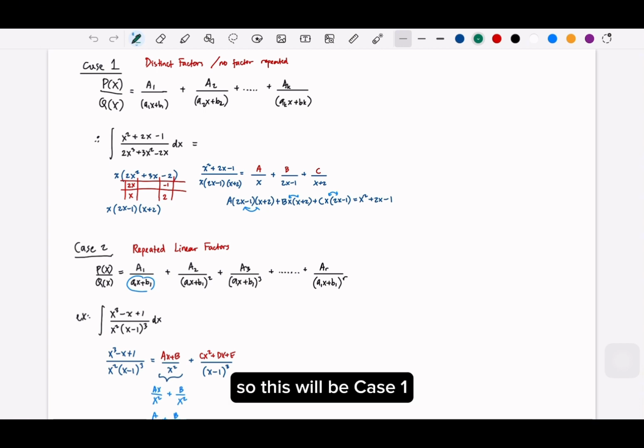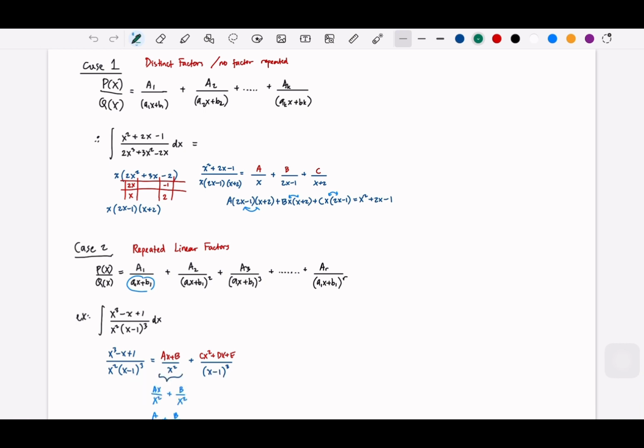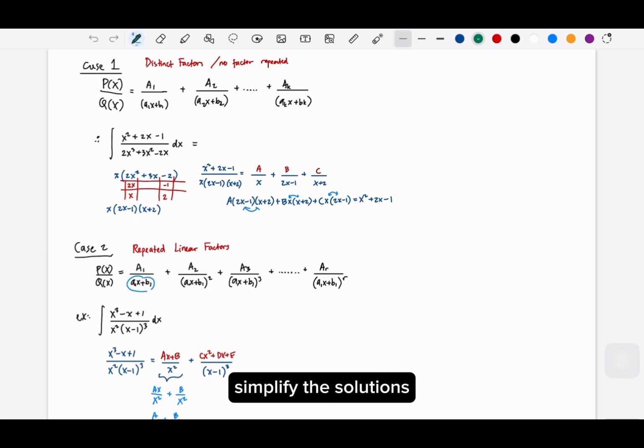We call case 1 the distinct factors. Each factor has its own structure, so we can separate them one by one, and we can integrate one by one. However, if we find multiplicity in the factors, we call them repeated factors, and we have some theorem that can help you simplify the solutions.